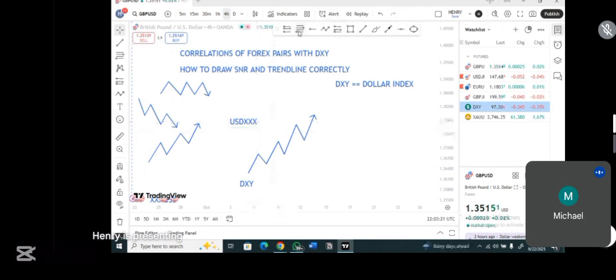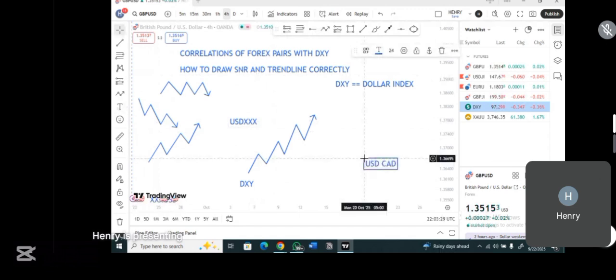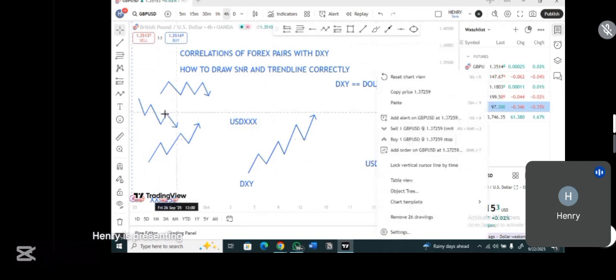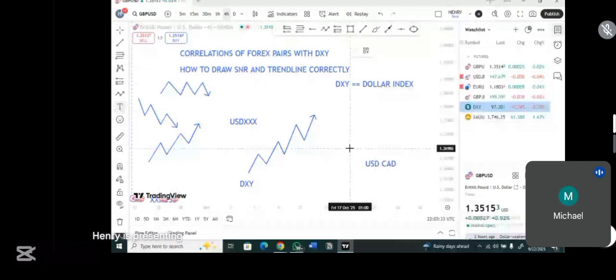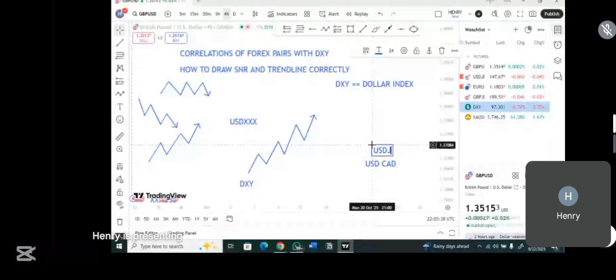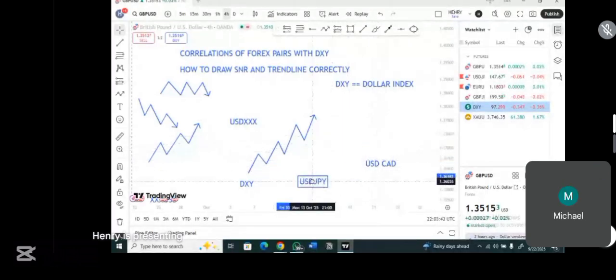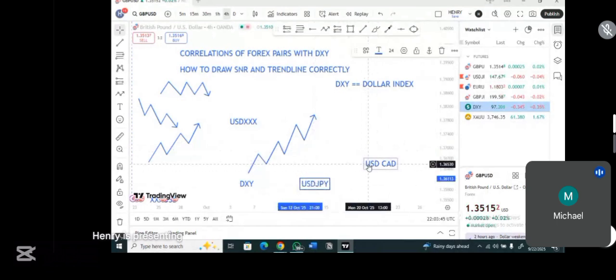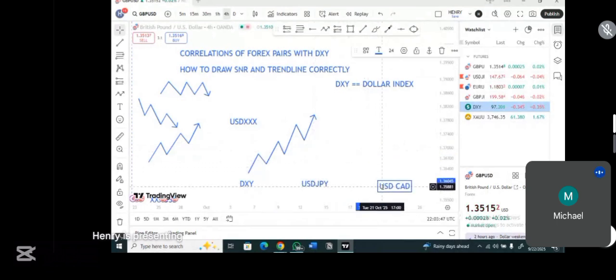Mention another one. USD CAD. Another one, USD NZD.